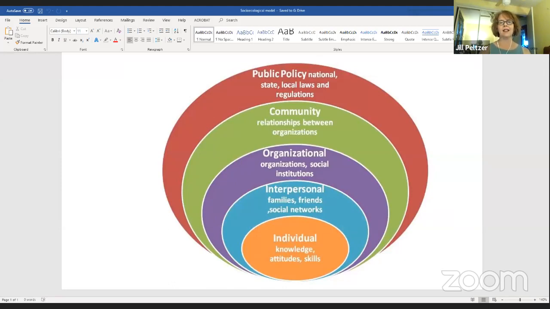And then that broadest level is the social policy environment that includes the policies and the laws at the local, regional, national, and even global levels that have the potential to impact large numbers of people. So the multiple levels are interactive and they're reinforcing.